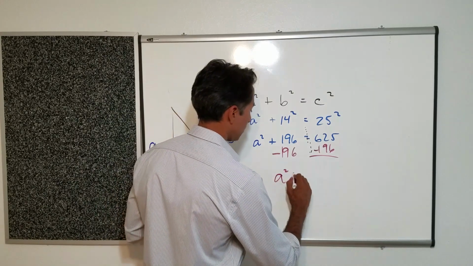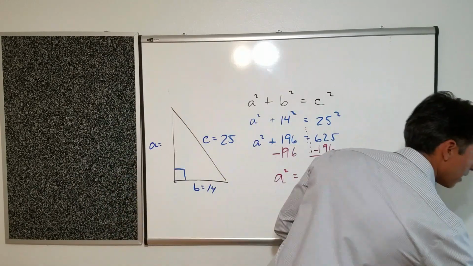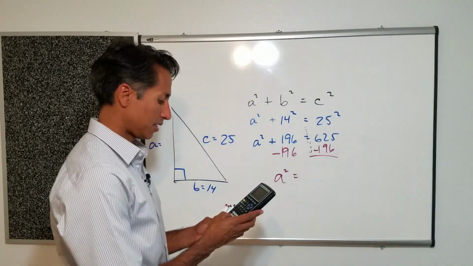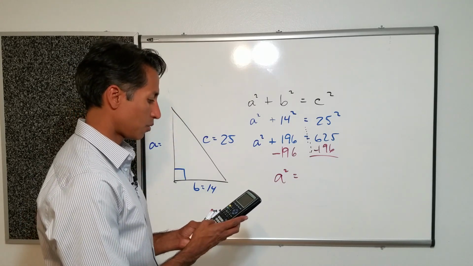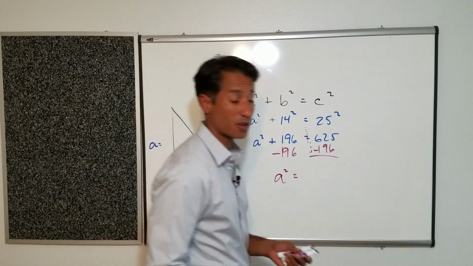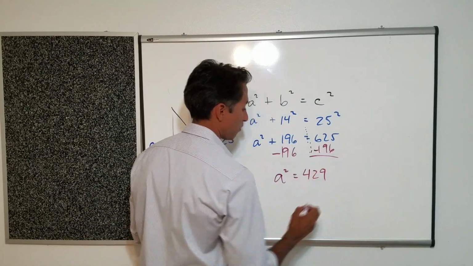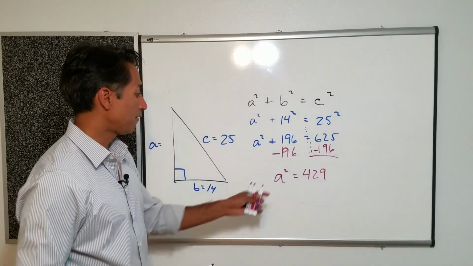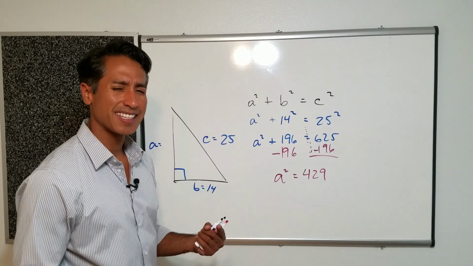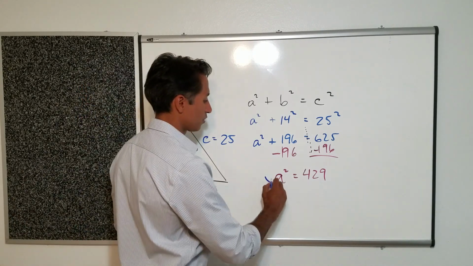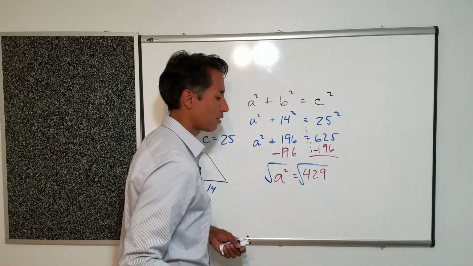Let's see here, a squared equals some big number minus another big number. 625 minus 196 is 429. I doubt that's a perfect square, but we'll see. And then from here, hopefully you're starting to see the same thing is happening on all of them. You square root one side and you square root the other.